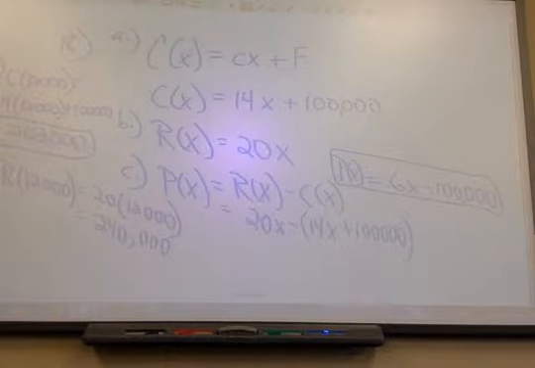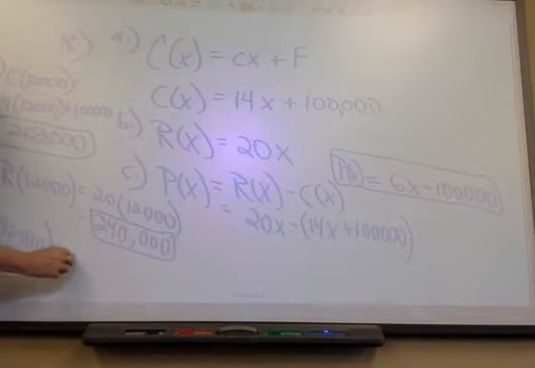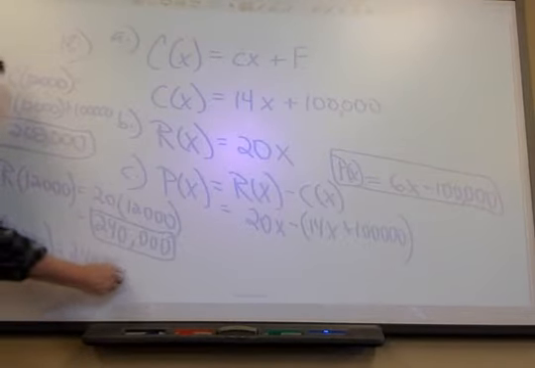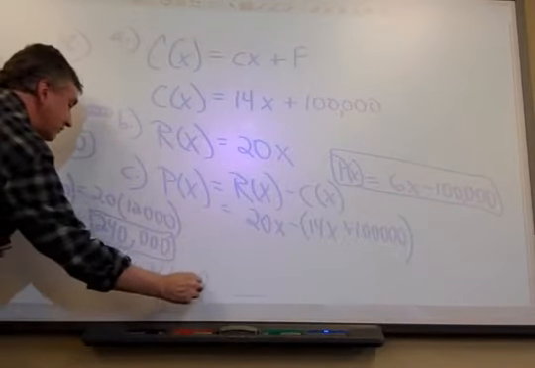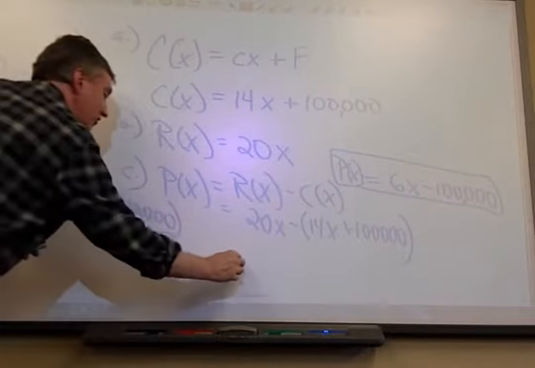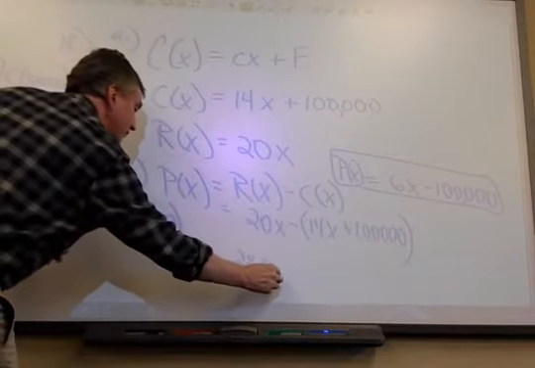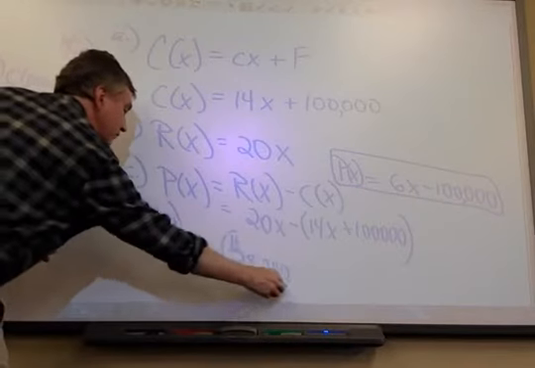Then when we do the profit, P of 12,000 would be revenue minus cost, so 240 minus 268. So what's actually happened? They make a loss of 28,000. A loss of 28,000, that's good.